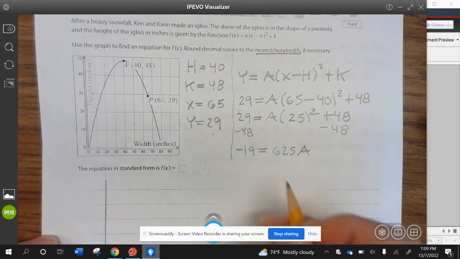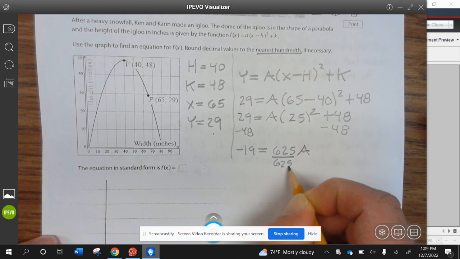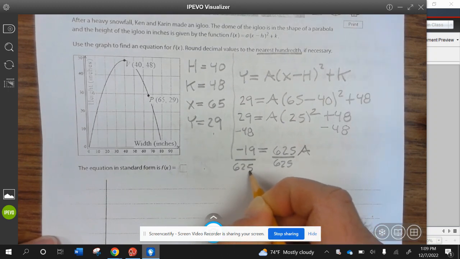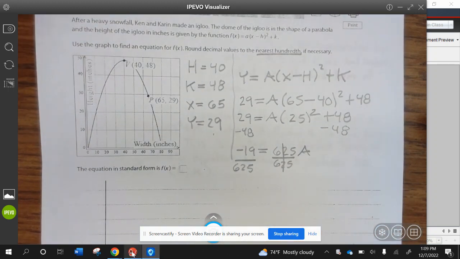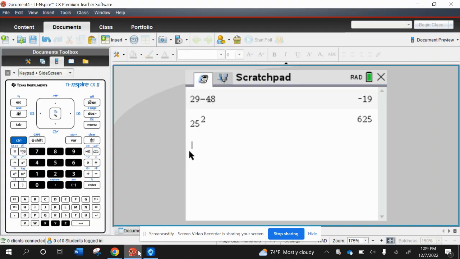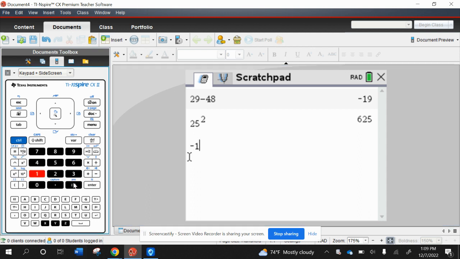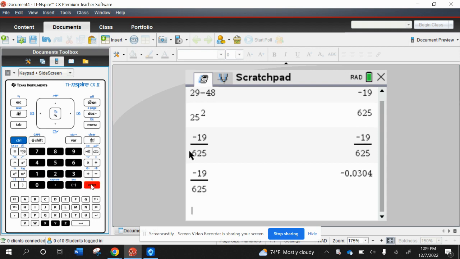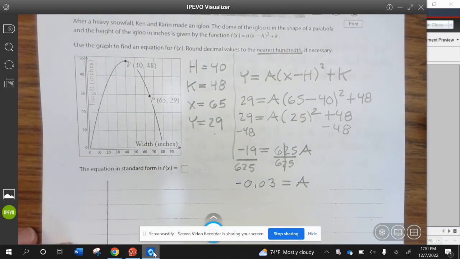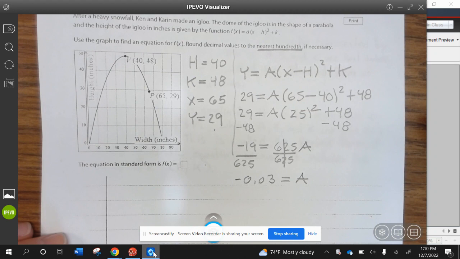Okay, so then we're going to divide both sides by 625. That divided becomes 1. Let's use our calculator. So negative 19 divided by 625 is negative 0.03. Okay.